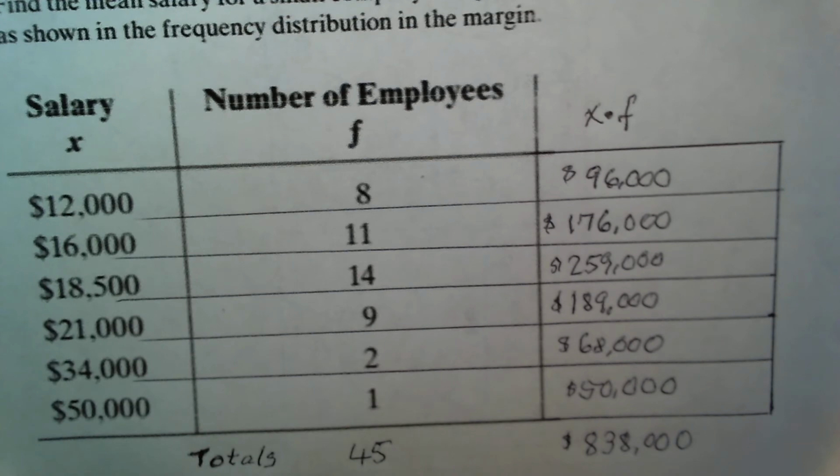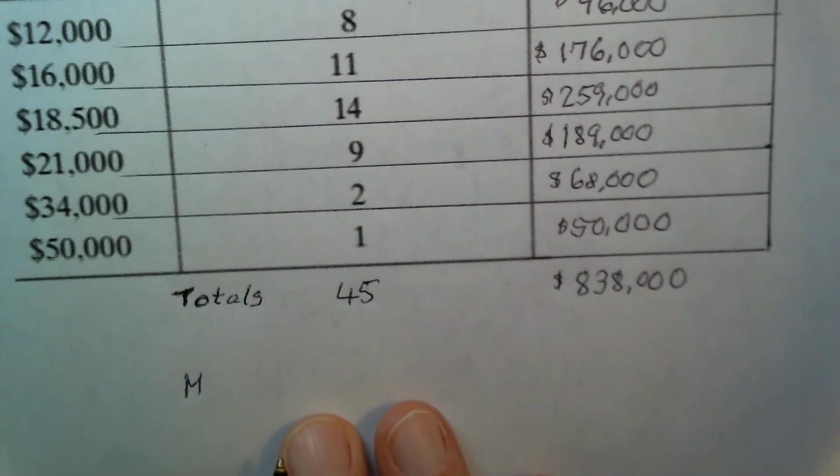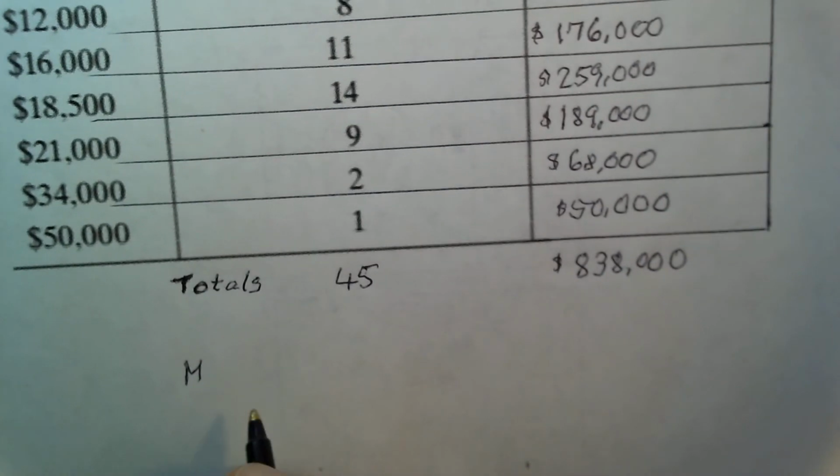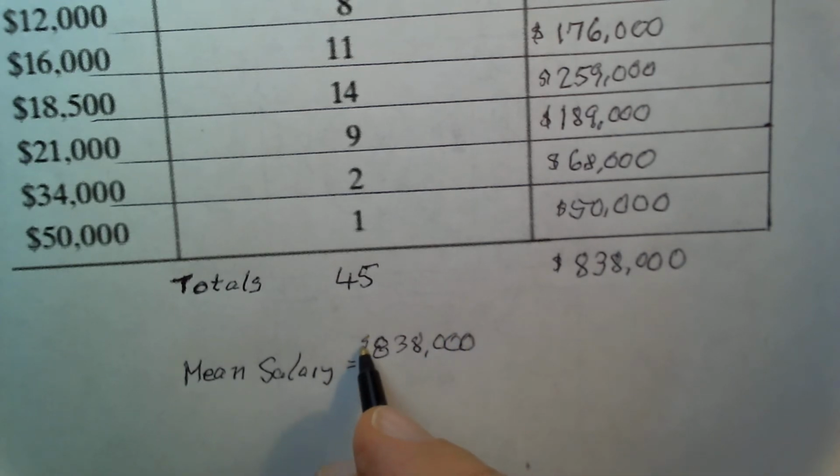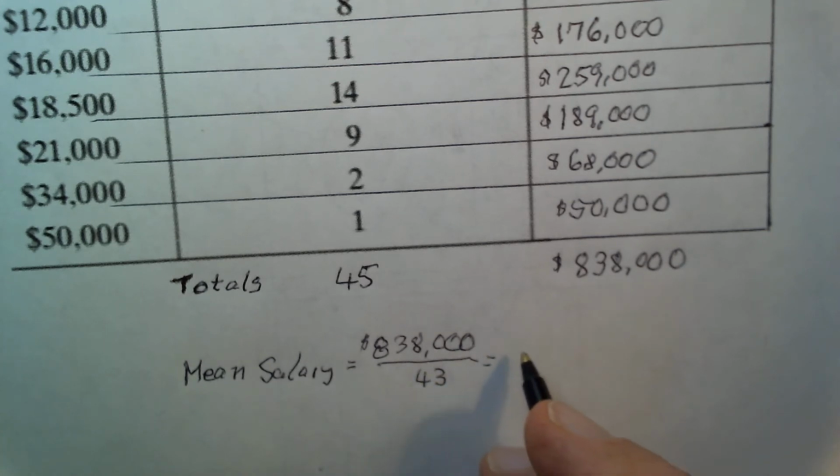And then for the mean salary, we divide 838,000 by 45, and that is equal to about 18,622.